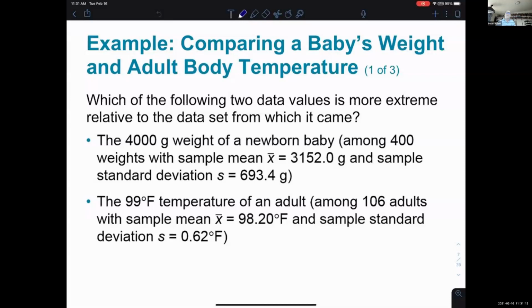It's really hard to understand how extreme a data value is just by observing the mean, standard deviation, and the score that you're interested in. So that's what the z-score does for us. It gives us a common numerical measurement that we can compare within different data sets of size and value and everything.